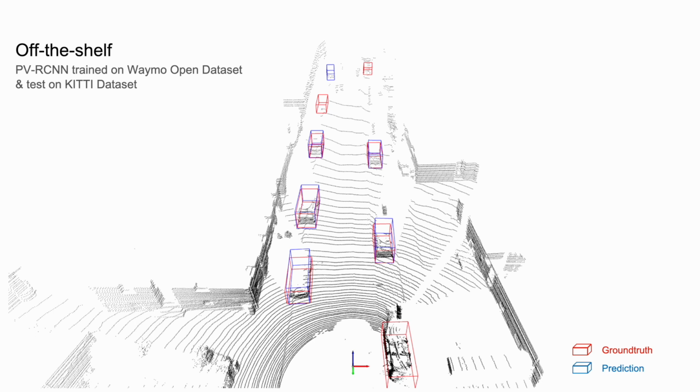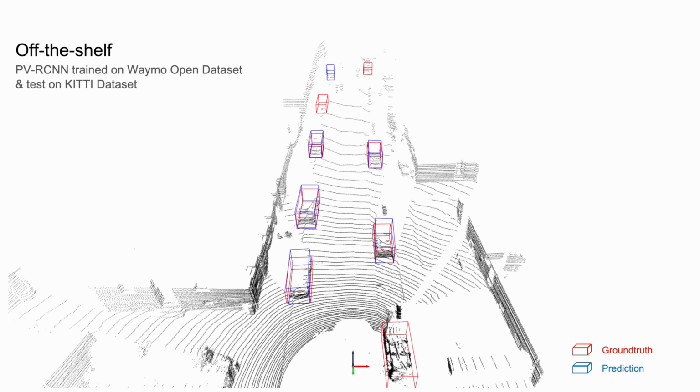These are some examples I visualized using the Open3D package. We pre-trained the 3D object detector PV-RCNN on the Waymo open dataset and tested it directly on the KITTI dataset. However, due to the inherent domain gap between these two datasets, such as differences in point count distributions, we can observe that the model's performance is suboptimal.